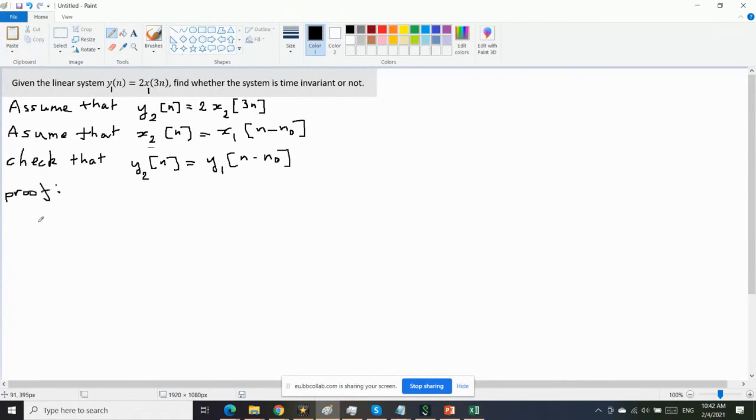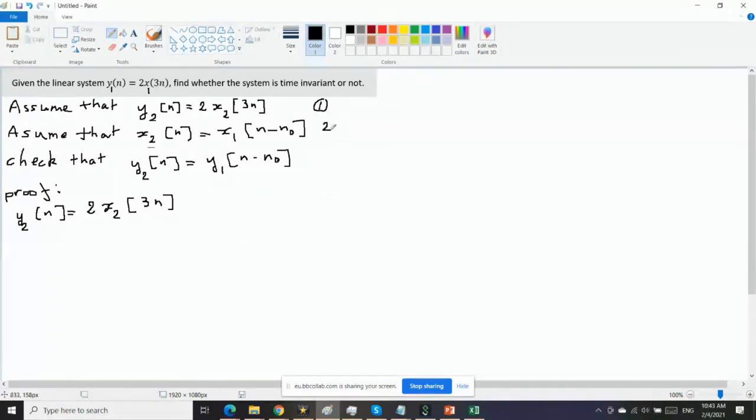If we start from the left-hand side, using this equation, we can write it as 2x2[3n]. Okay, we want to reach here, so we have to introduce n0.